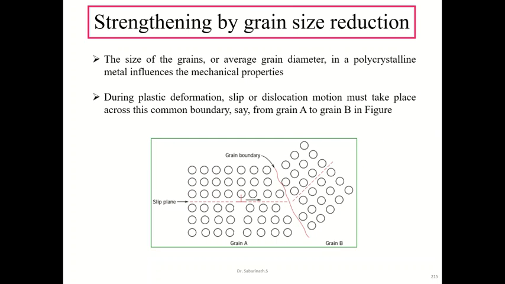So first, let's see strengthening by grain size reduction. Basically, grain boundaries will be restricting the dislocation motion. The size of grains, or average grain diameter, in a polycrystalline metal influences the mechanical properties.